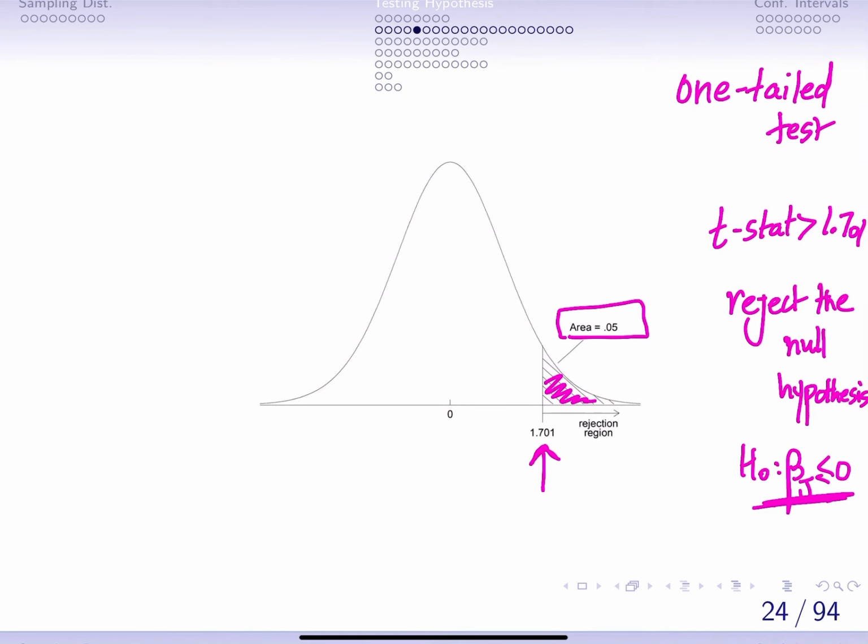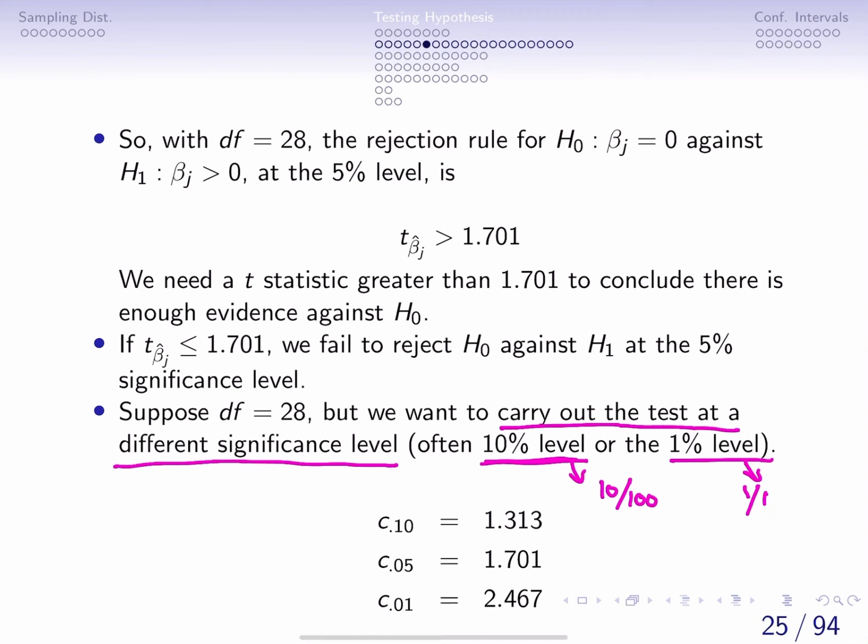If we are conducting the test at 10%, we are going to make the type 1 error 10 out of 100 times. At 1%, we're going to make the type 1 error 1 out of 100 times. So this is always better than 10%, for example, but 5% is standard, and that's what's used. You can look up the t-tables and see these critical values.